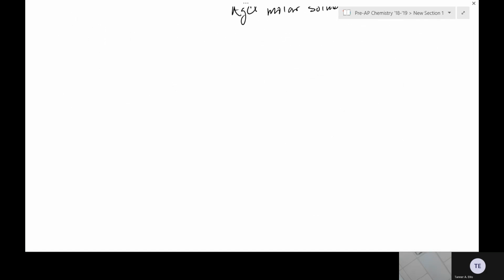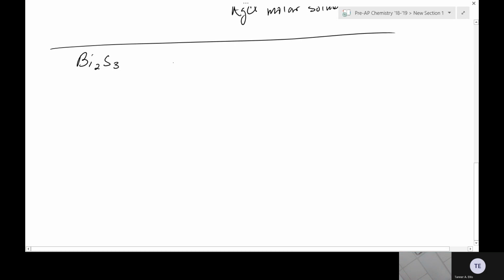what happens if I have a compound like that, Bi2S3, which has a Ksp of that.